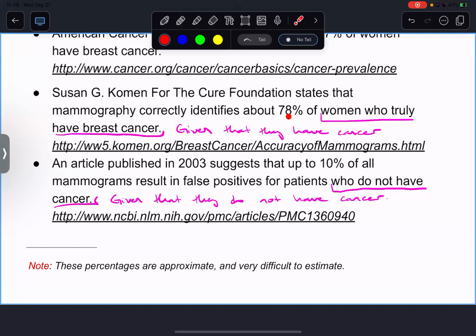So the probability of testing positive, given that they have cancer, is 0.78. Okay, so here, let's write this out. This tells me that the probability of testing positive, given that they have cancer, is 0.78.